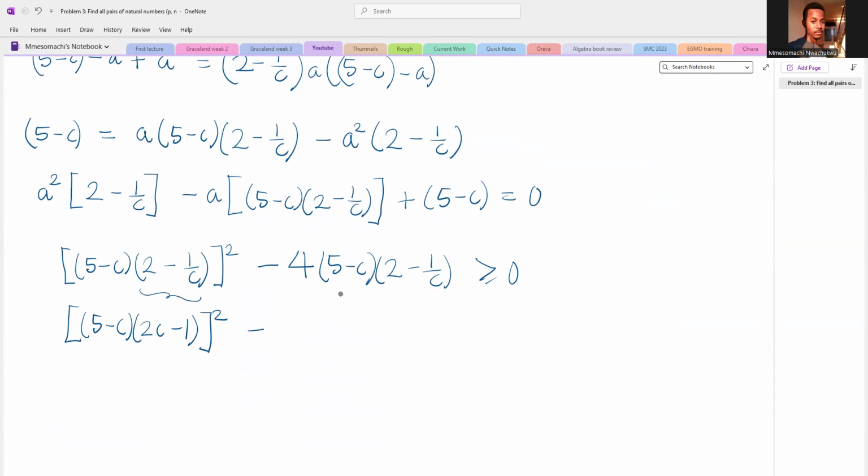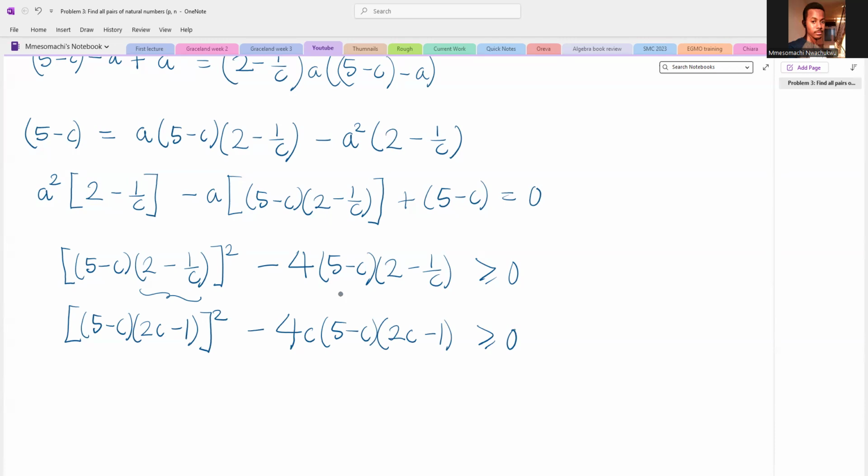So this will now become (5 - c)(2c - 1) minus 4c, greater than or equal to 0.